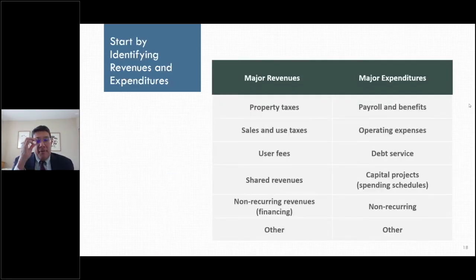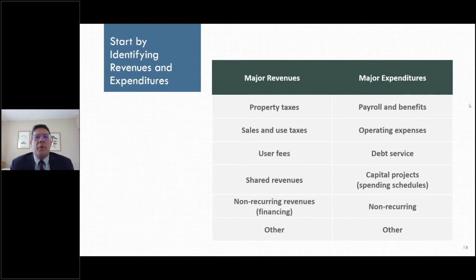So start by identifying your major sources. It's going to be revenues like property taxes, TOT, sales taxes, development fees, user fees, any sort of interagency shared revenues, sometimes non-recurring revenues. Sometimes that revenue is coming from financing sources. You have a bond issue and you've got money coming in as cash, and you have to figure out when it's going to get used.